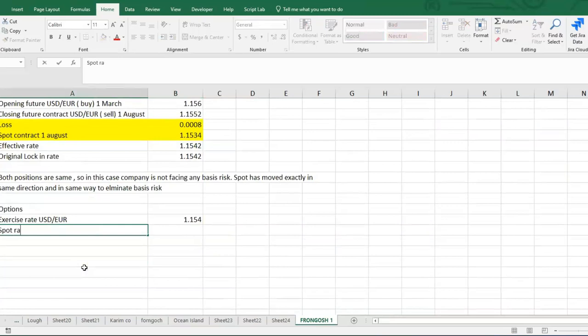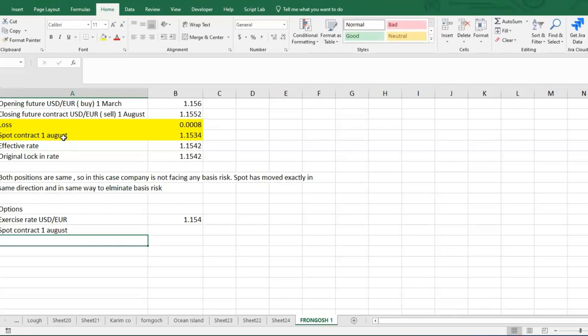Okay, spot rate is... Just think, you have to buy the euros. Will you buy at 1.1540 or will you buy at 1.1534?